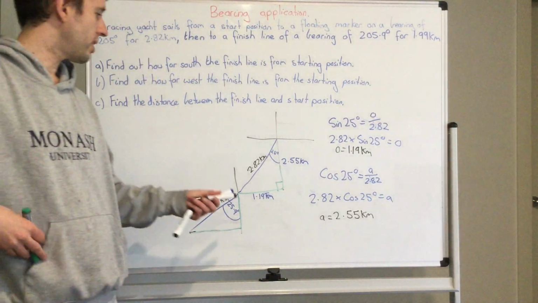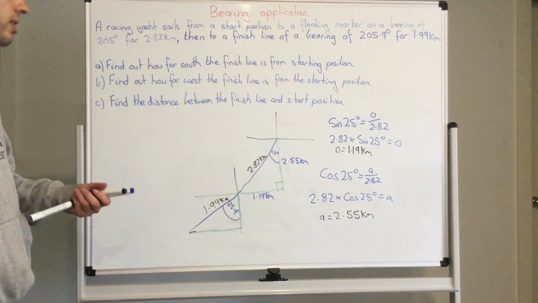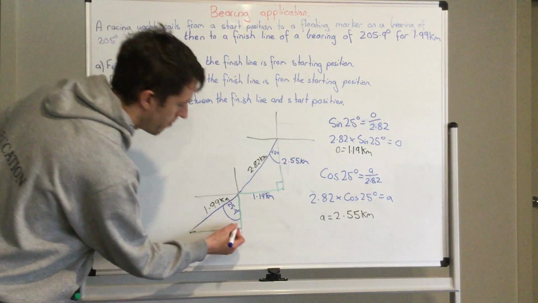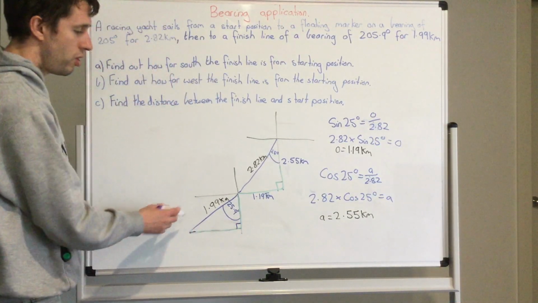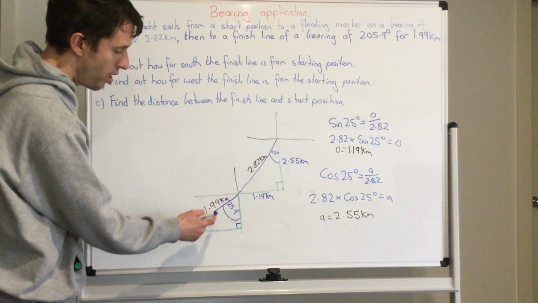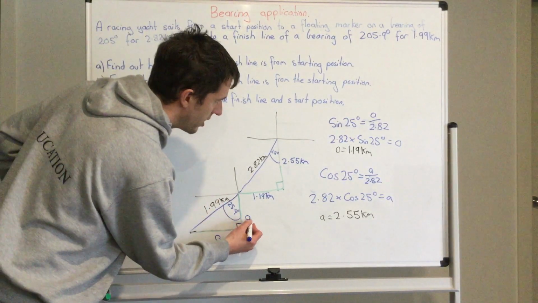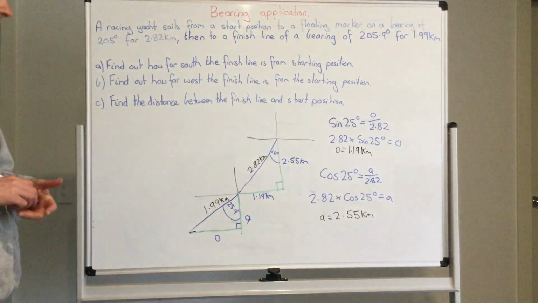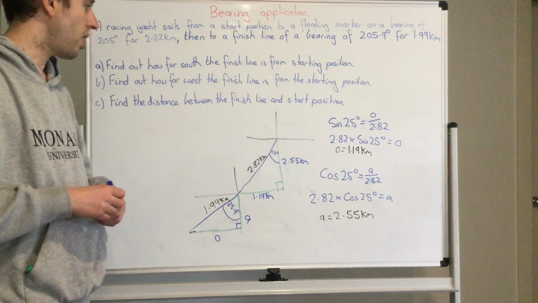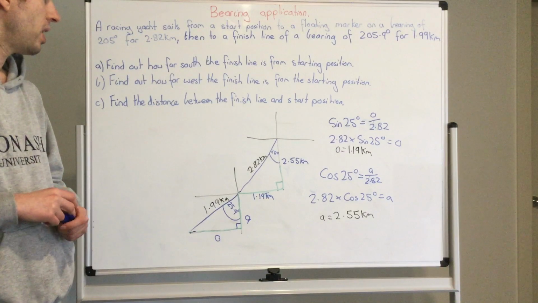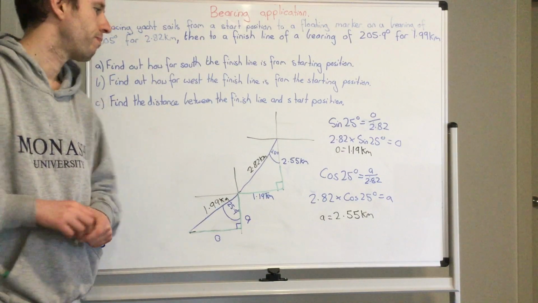Again, we're going to be using sin and cos because I know that I have my hypotenuse, but I do not have my opposite and my adjacent. So we are going to work through and get all of our information. So let's have a go.